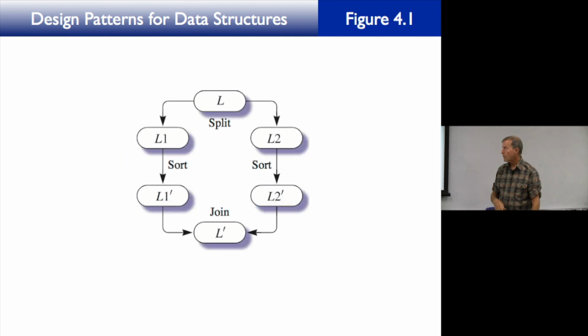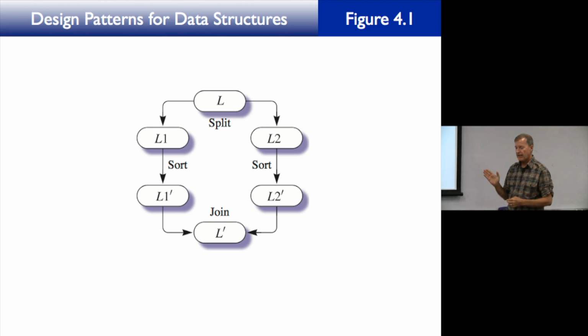Figure 4.1 is a general diagram of the Merritt sort taxonomy. All comparison sorts, pairwise comparison sorts, can be classified according to this taxonomy. What we have in figure 4.1 is the general taxonomy. So capital L at the top represents an arbitrary list.